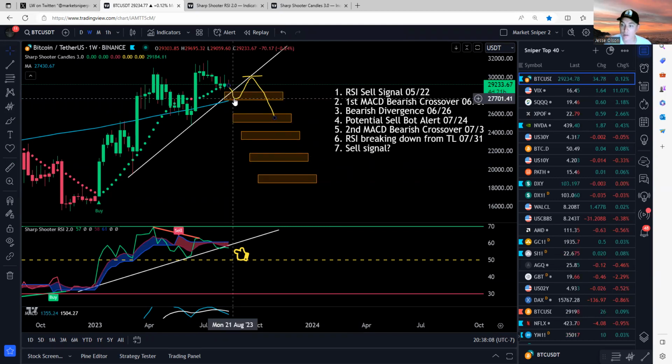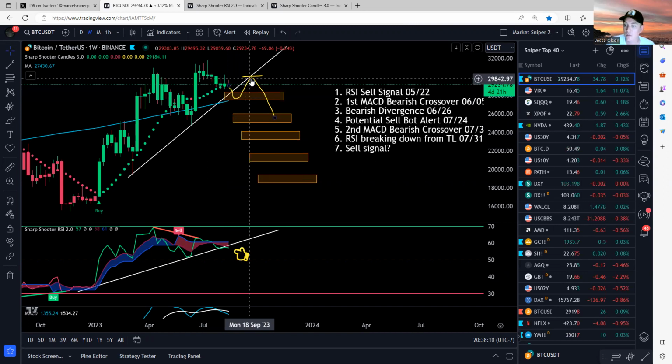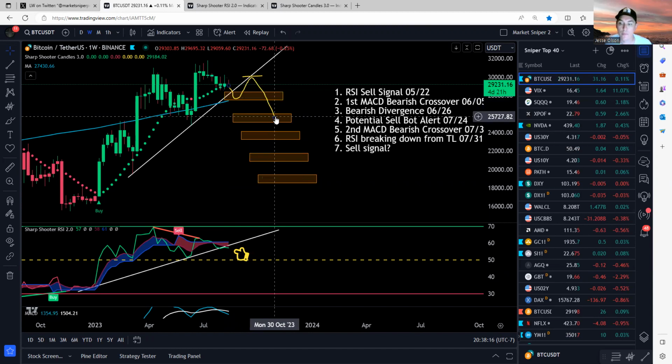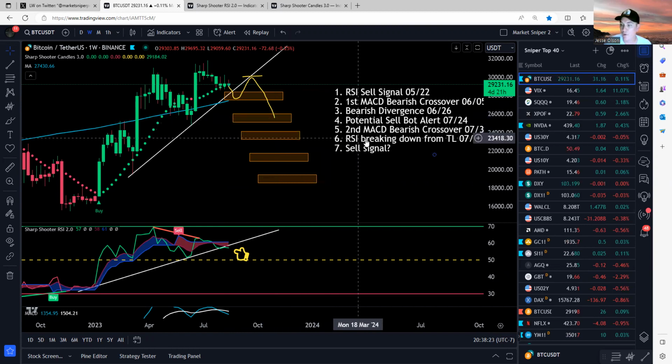This is a weekly chart, possibly a couple weeks down, maybe a month rally, and then come all the way back down. Could be a month after that, 2 months, 3 months, who knows? And then you're getting into 2024, and then everyone is aware of the halving in April 2024. So take all that in consideration.